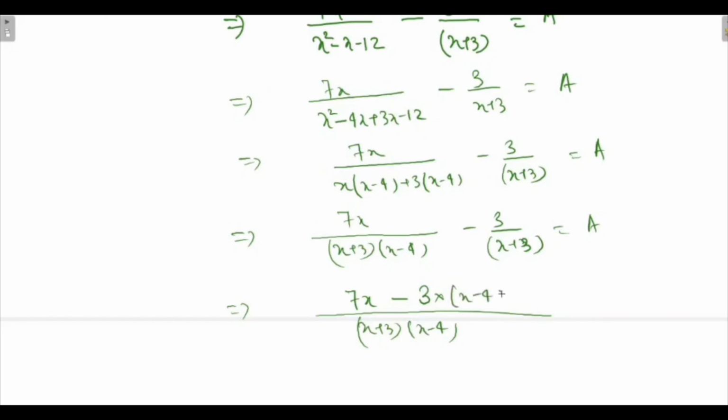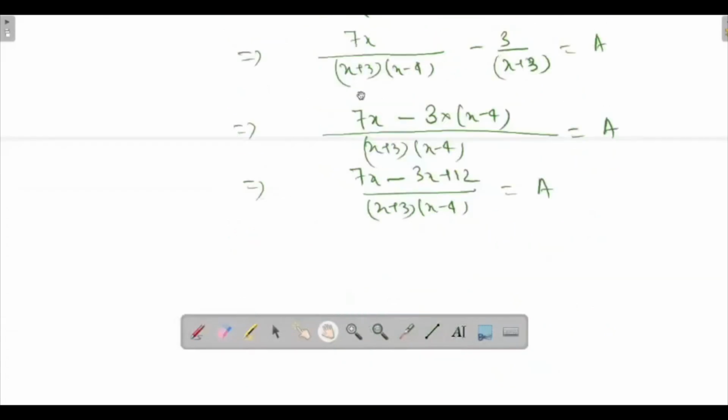So I'm going to multiply with x minus 4. This is going to be a. Now I'm going to write 7x minus 3x plus 12 divided by x plus 3 into x minus 4, which is going to be my a. This is going to be 4x plus 12 divided by x plus 3 into x minus 4 equals a.